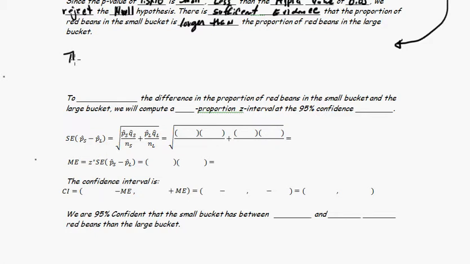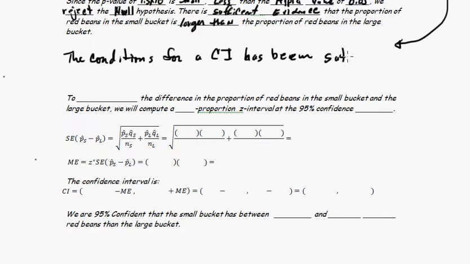Now, the last part is oftentimes you need to say the conditions for a confidence interval have been satisfied, something like that.